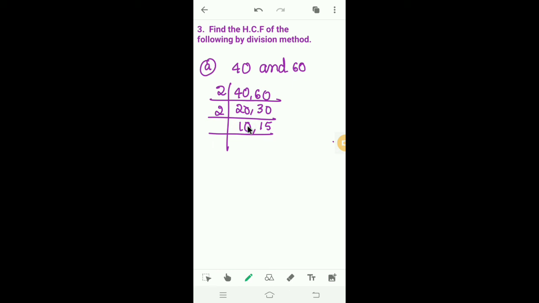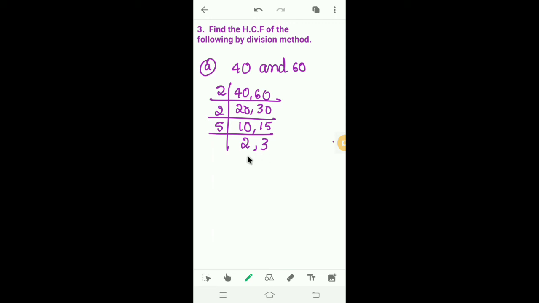Next, between 10 and 15, which is the common factor here? 5 is the smallest common factor. 5 2s are 10. 5 3s are 15. We get 2 and 3 respectively as quotients.